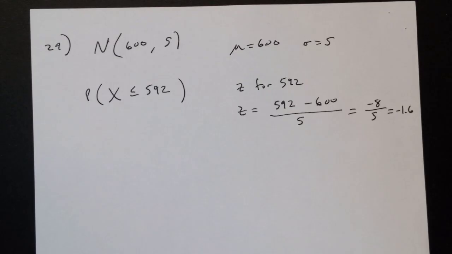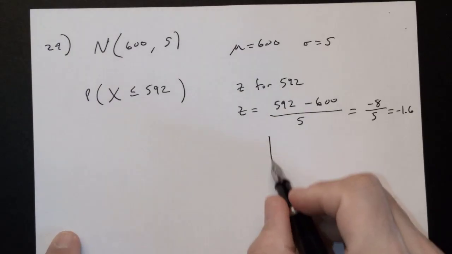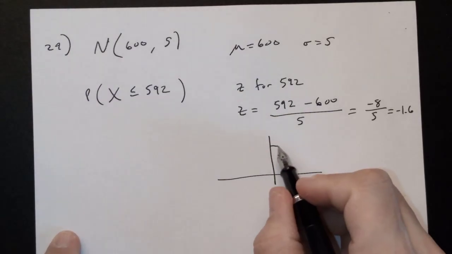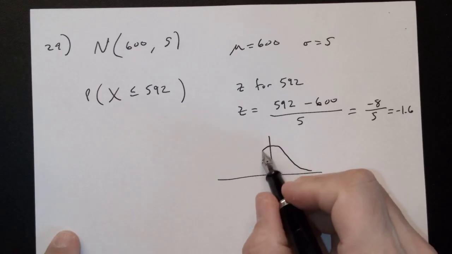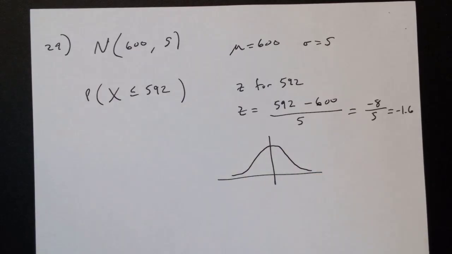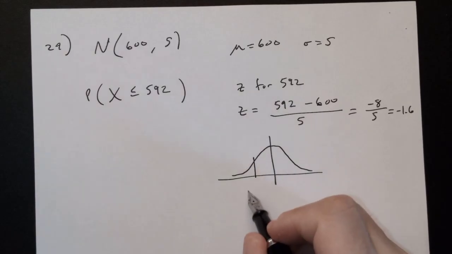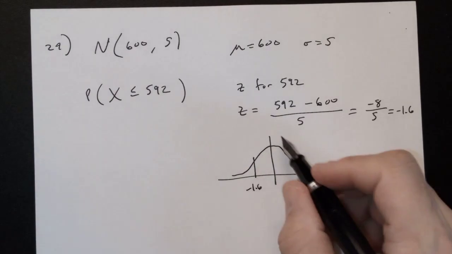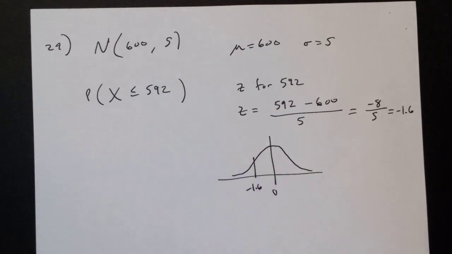Now, I'm thinking in the standard normal picture. So I'm thinking about this z value in my standard normal distribution. And negative 1.6 can be over here somewhere, because if this is the standard normal distribution, its center is 0, and its standard deviation is 1.